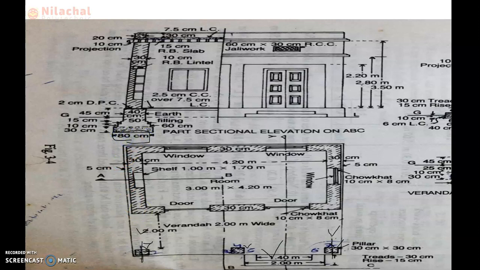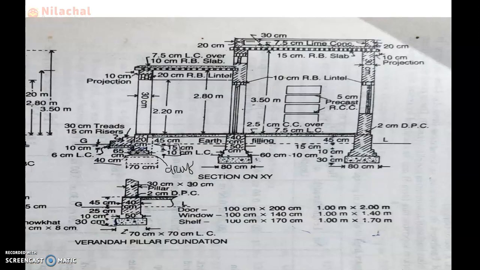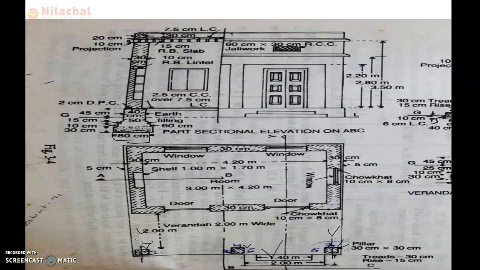Which is already considered, and pillar cross section lime concrete value is 70 centimeter. So we need to deduct the value of this half portion, right? This half portion value we need to deduct because we already considered half for the room and half for the pillar. So we need to deduct here.